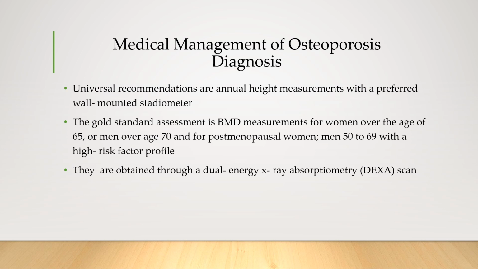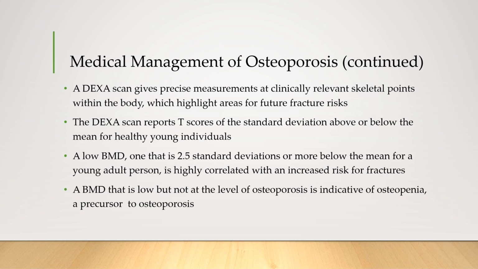Diagnosis is obtained through a dual energy X-ray absorptiometry, otherwise known as a DEXA scan. A DEXA scan will give precise measurements at clinically relevant skeletal points within the body, which will highlight areas for future fracture risks. The DEXA scan reports T-scores of the standard deviation above or below the mean for healthy young individuals.